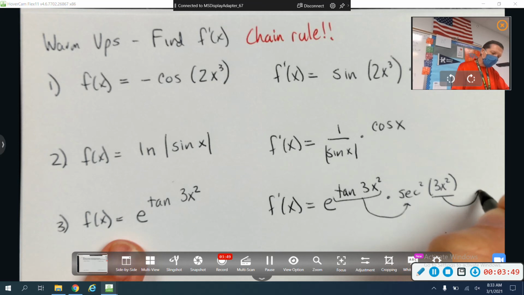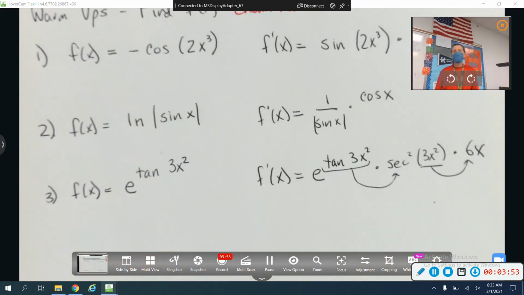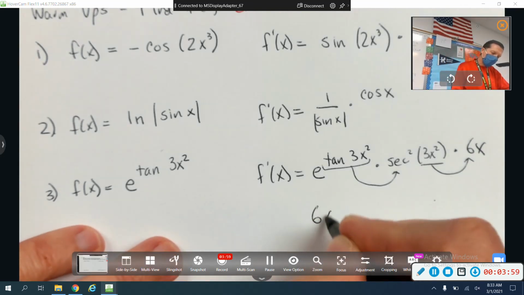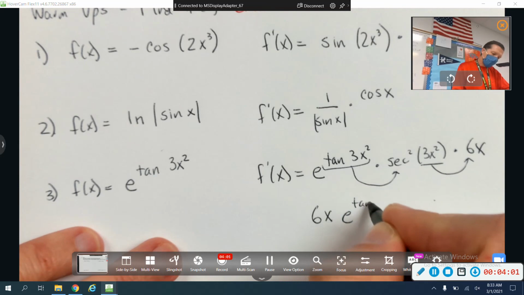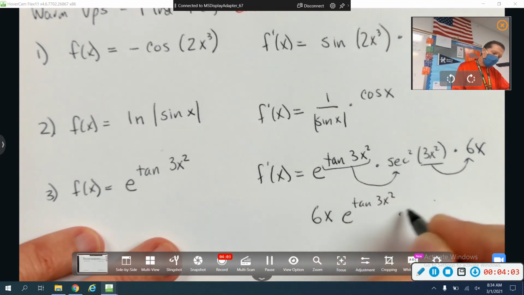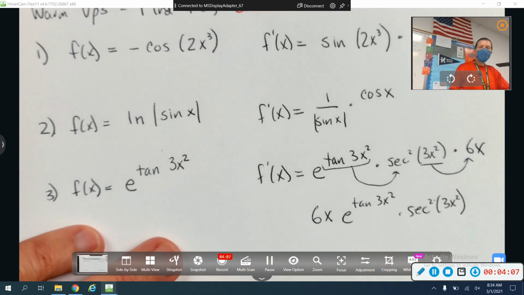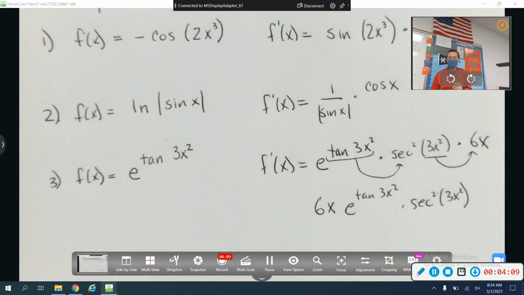But then the derivative of that would be 6x. So we'd have a bit of a mess on our hands there. And in multiple choice, they'd probably put the 6x first. It'd probably look like this. And again, there's plenty of places to mess that up and offer bad answer choices for that one.